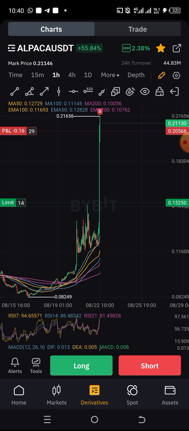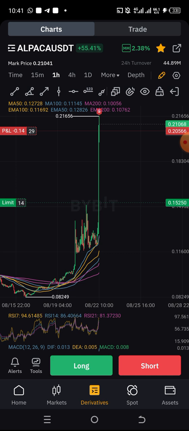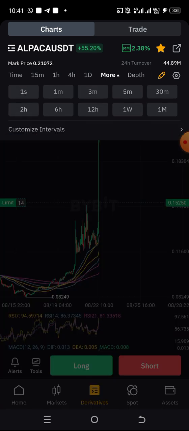Anything from 70 and above is actually in the overbought region, so that coin will start selling any moment from that point. And now we have it at 86, so this is a good place to enter a sell trade at the moment, and I just did that.